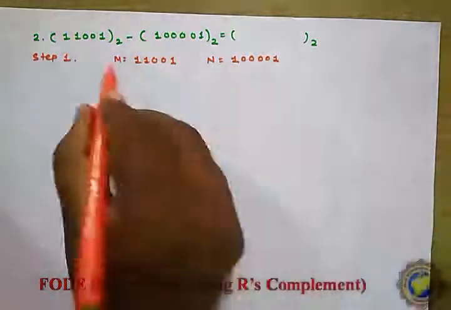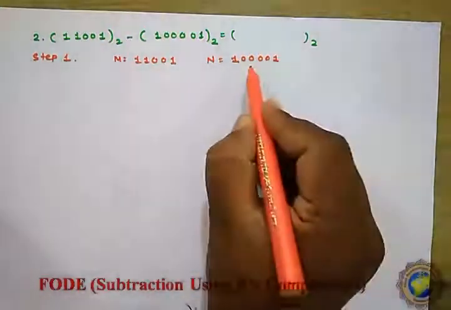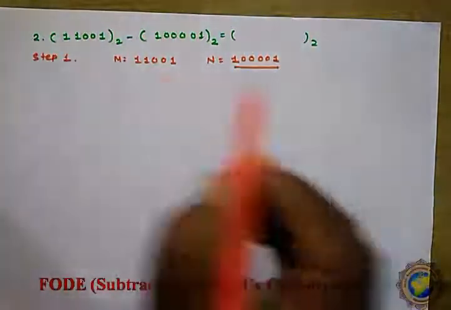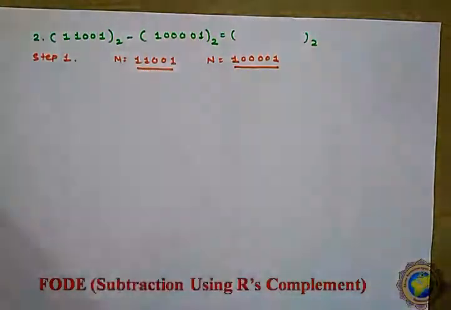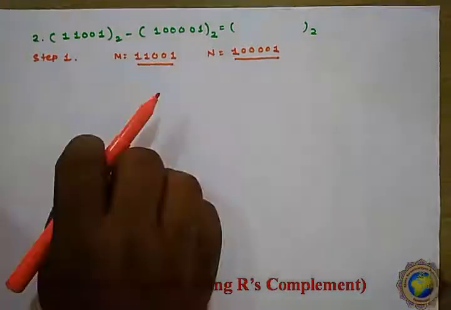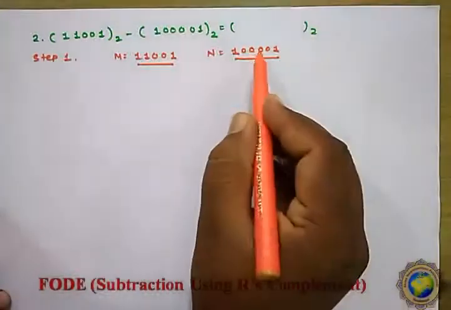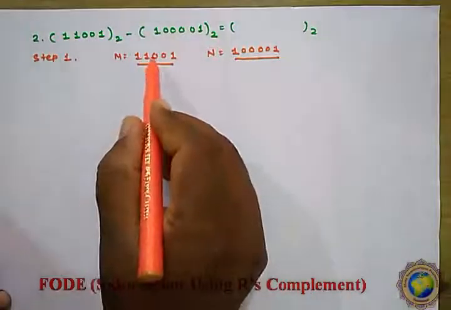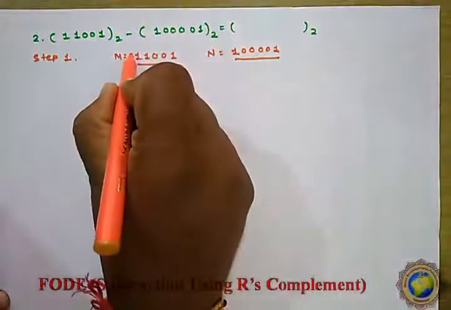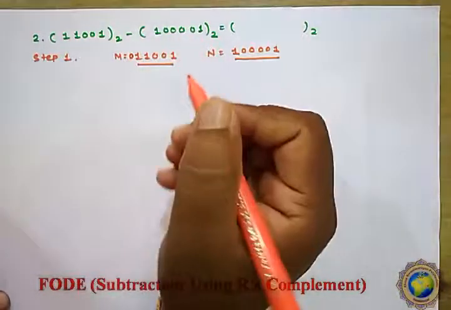Now see, we have to make the digits of both numbers equal. Here are 6 digits, here are 5 digits. So make the digits equal: we have to put an extra 0 here.